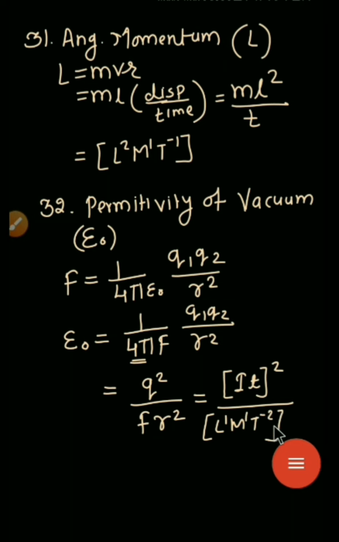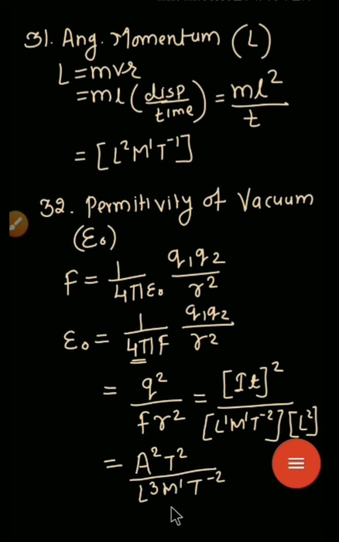This is the dimensional formula of force, and r is nothing but length, so length square. If we solve this, finally we get, since the fundamental unit for I is A, A square T square. Below we have L cube M1 T minus 2. So when we solve this finally we get the dimensional formula for permittivity of the vacuum, that is L minus 3 M minus 1 T 4, and this goes up so it becomes 4 and A 2.